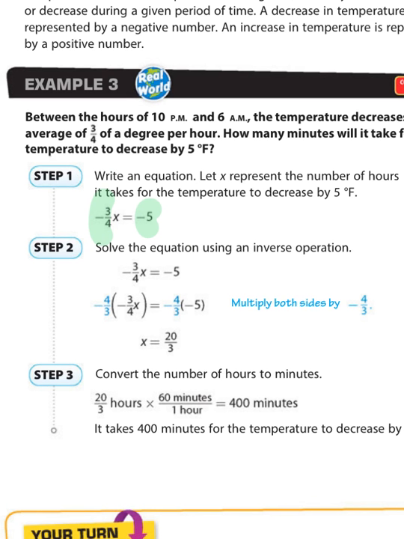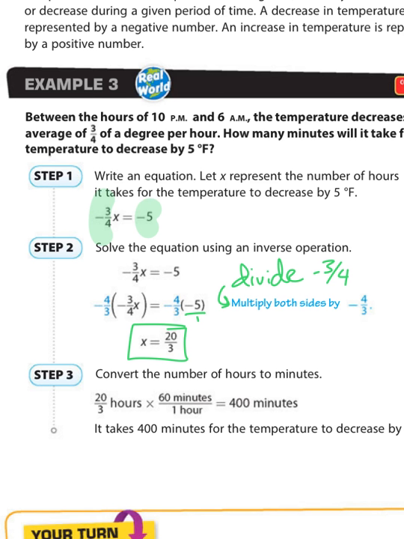So dividing by -3/4 is the same thing as multiplying by -4/3. So they multiply by the reciprocal, and then -5 is just like -5/1. So then I have a fraction I can multiply straight across. A negative times a negative is a positive. 4 times 5 is 20. 3 times 1 is 3. So x would be 20/3.